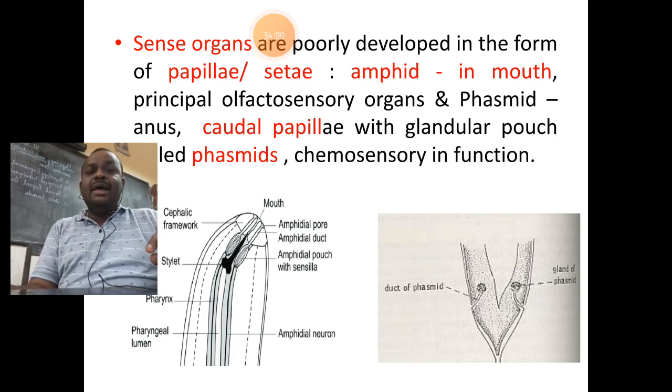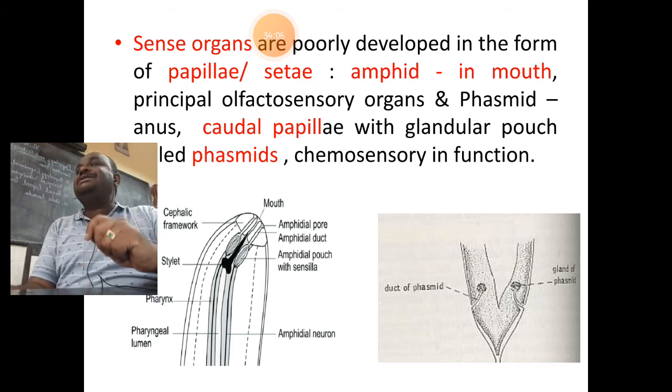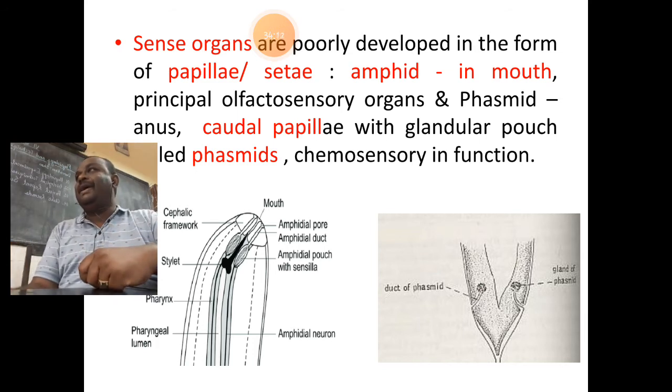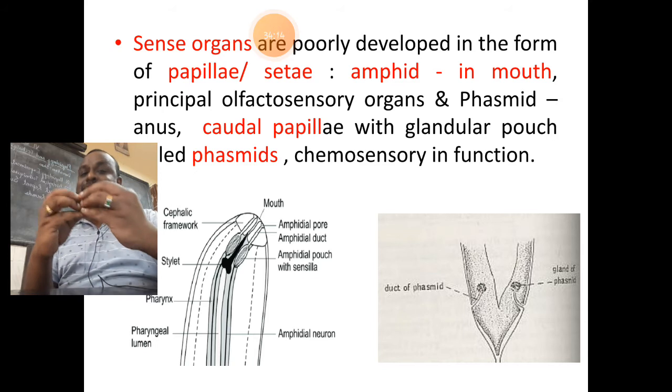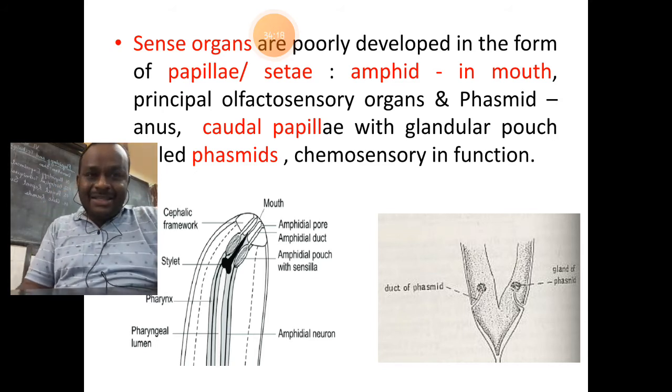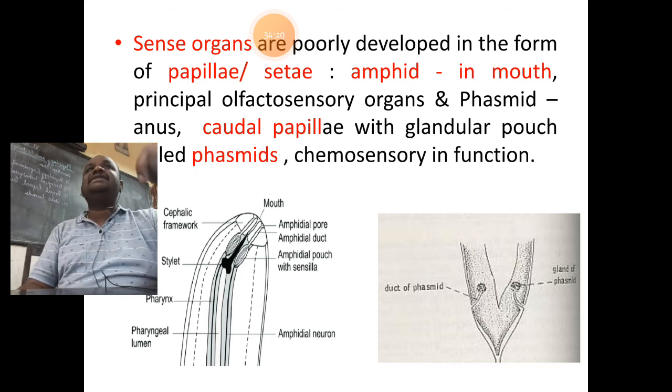Students, remember, both have sensory activities. Amphids have the sensory activity of olfaction. Olfaction refers to smell, so they are the sensory organs for smelling the food. Whereas the phasmids are chemosensory in function.